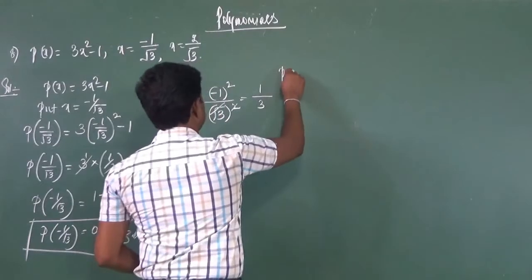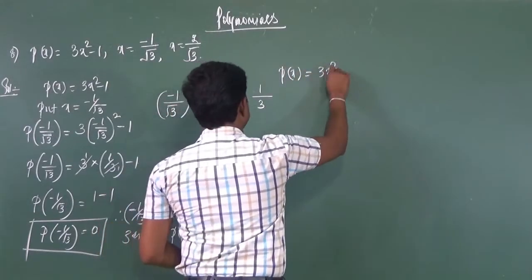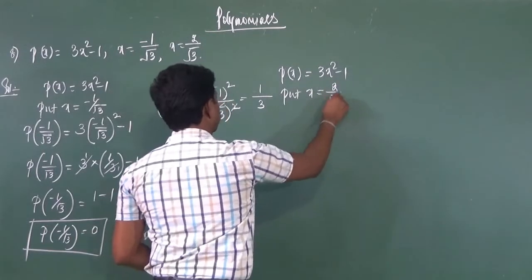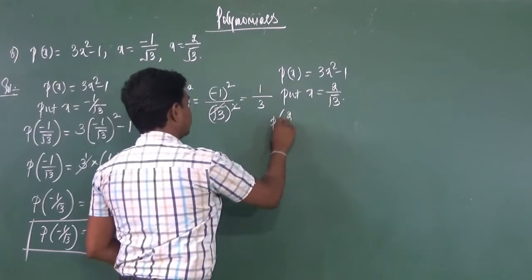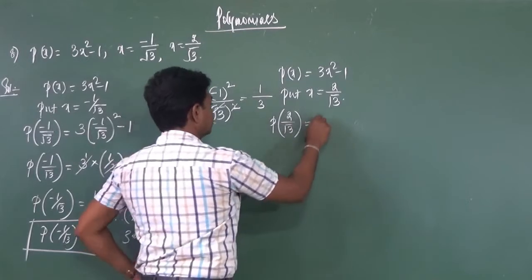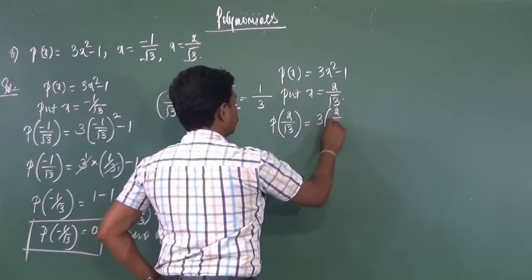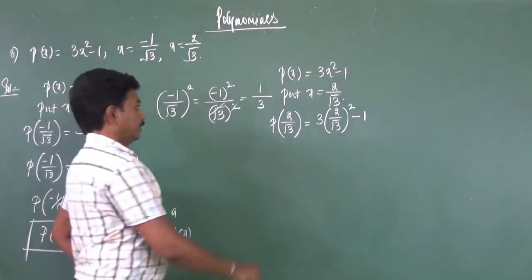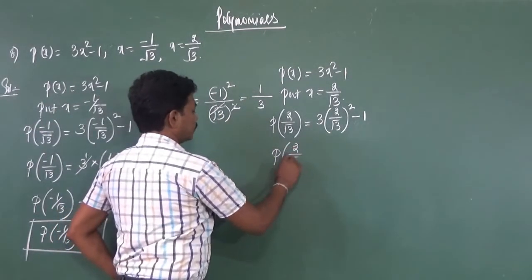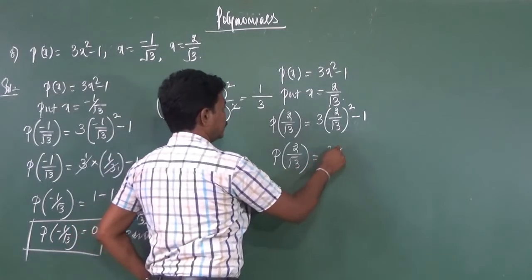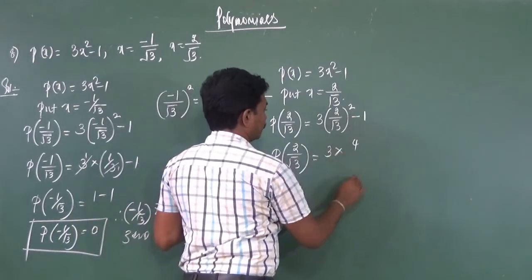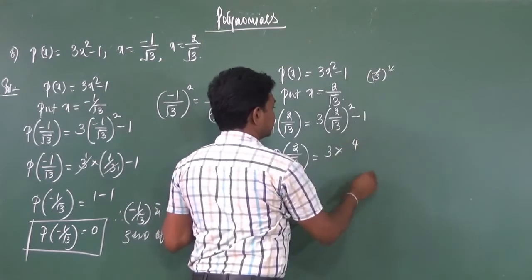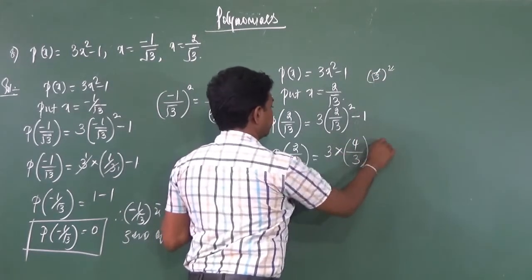Now let us check out this. So p of x is equal to 3x square minus 1. So put x is equal to 2 by root 3. So p of 2 by root 3 is equal to 3 into 2 by root 3 whole square minus 1. This is how we have to substitute. So p of 2 by root 3 is equal to 3 into 2 square is 4, root 3 whole square, it's cancelled, so it is 3 minus 1.